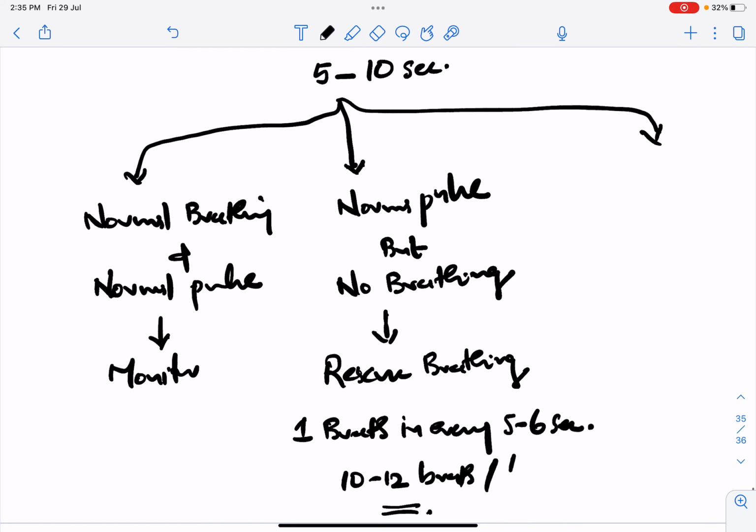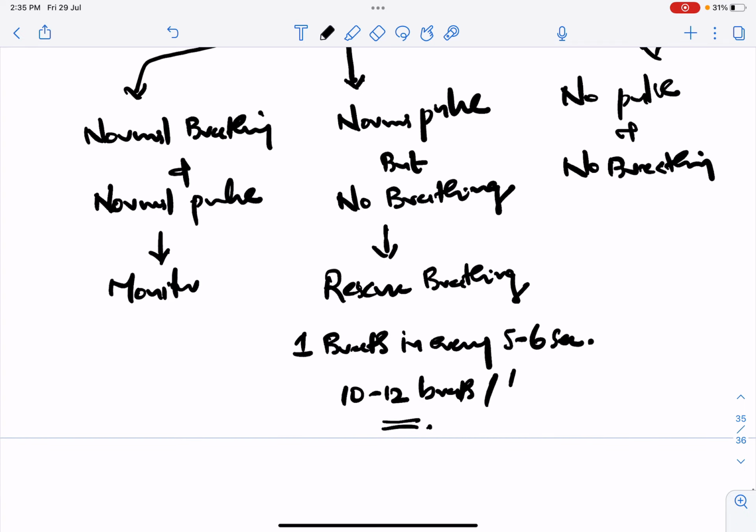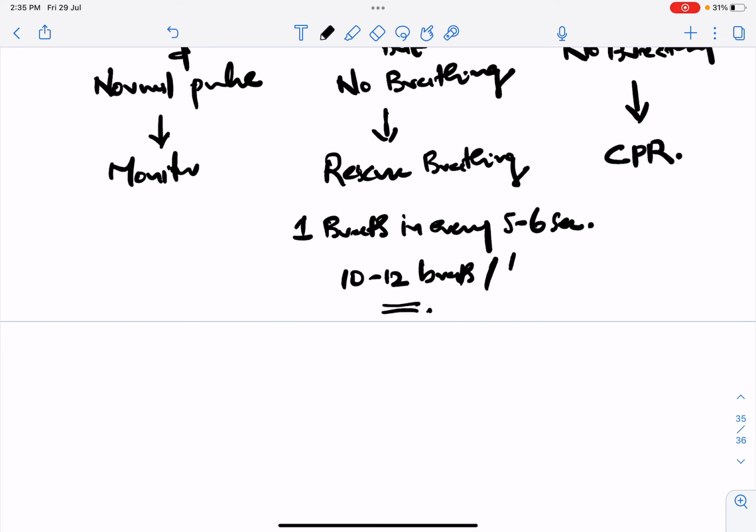And the third scenario is no pulse and no breathing. In this case, you have to go for chest compressions, CPR, cardiopulmonary resuscitation. You have to continue the CPR until the emergency response team arrives.